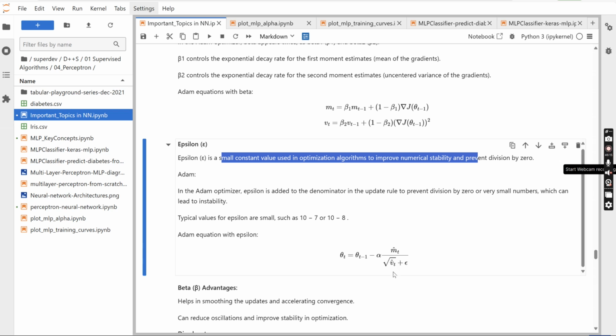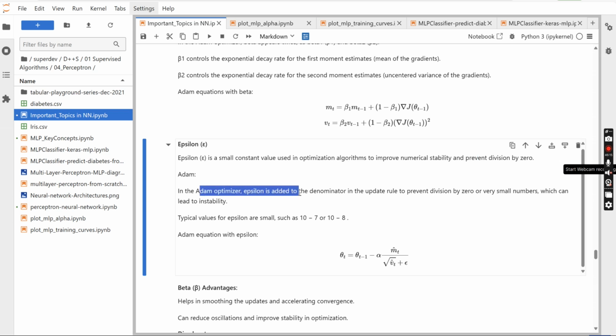Now, if the square root of vt becomes 0, then this entire term will become 0, and there is no learning. A zero division error comes. That's why, to avoid the zero division error, we add a small epsilon value, it could be 0.001, whatever the value is.